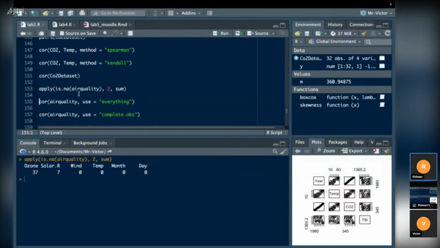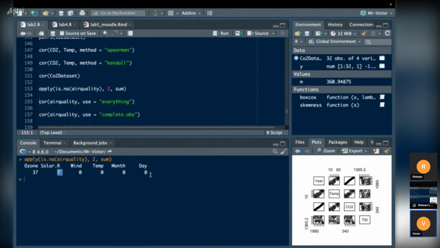If it is not NA, it will come out as false. And I told you that true is 1 in R, while false is 0. So when you apply sum, it's going to sum all the trues. That's why I get 37 under ozone, and 7 under solar radiation. You can see for wind, temperature, month and day, there are no missing values.